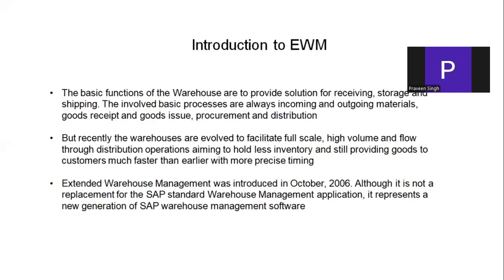Mostly, it has evolved into full scale, high volume flow distribution and operations as well, to hold less inventory and still provide goods to customers much faster than earlier, with more precise timing. This means it can handle goods distribution operations at high volume and maintain the different distribution operations as well.